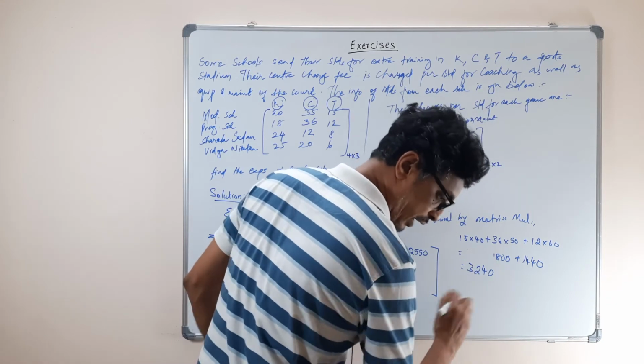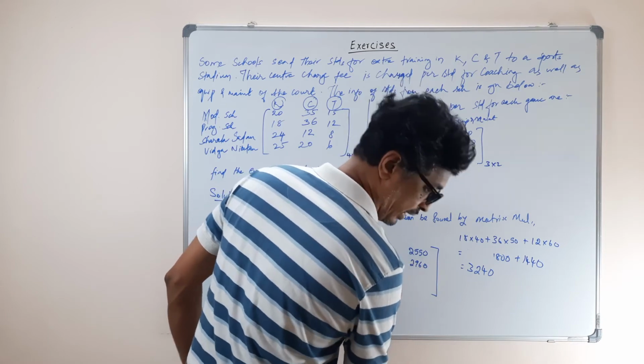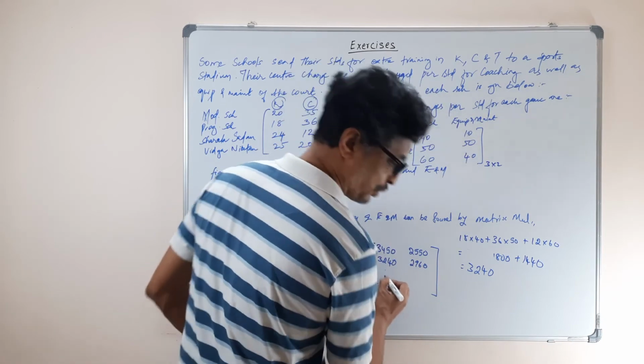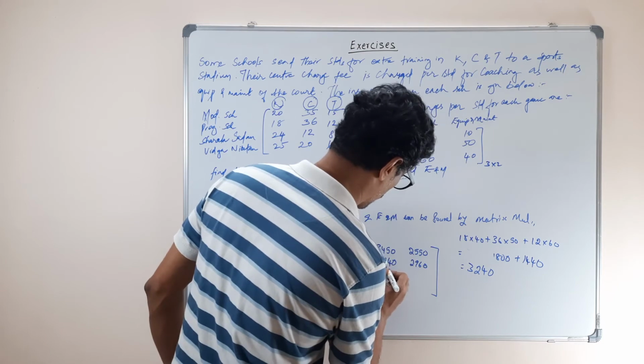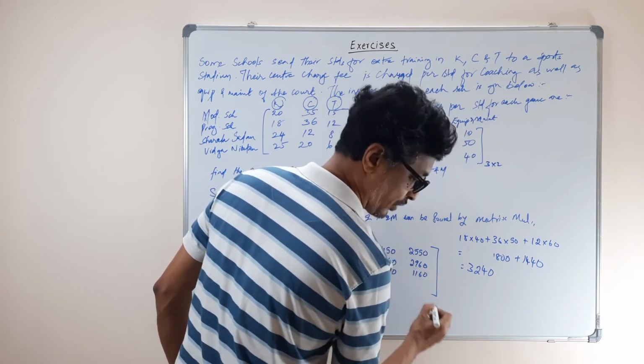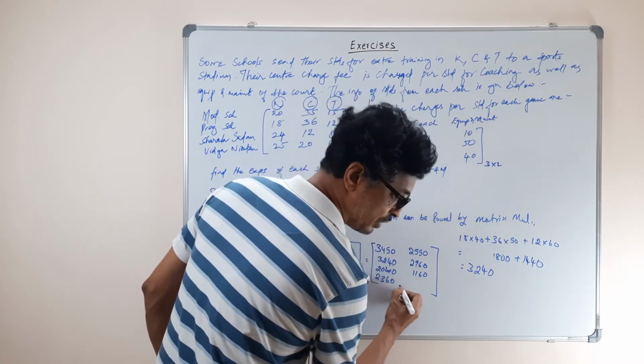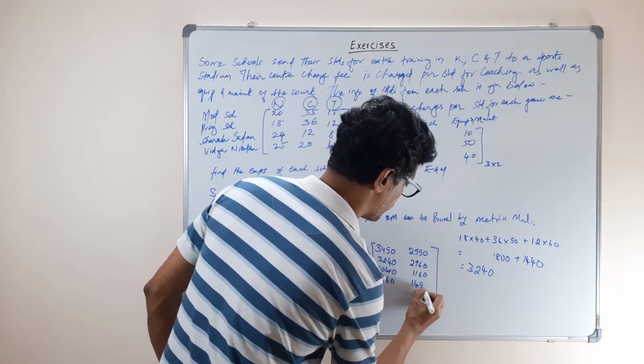I just wrote down the number 2960. And similarly you can do the other two. They have written 2040. I am not checking it. 1160. If it is wrong, that means your book is given wrong. 2360 and 1490. Okay.